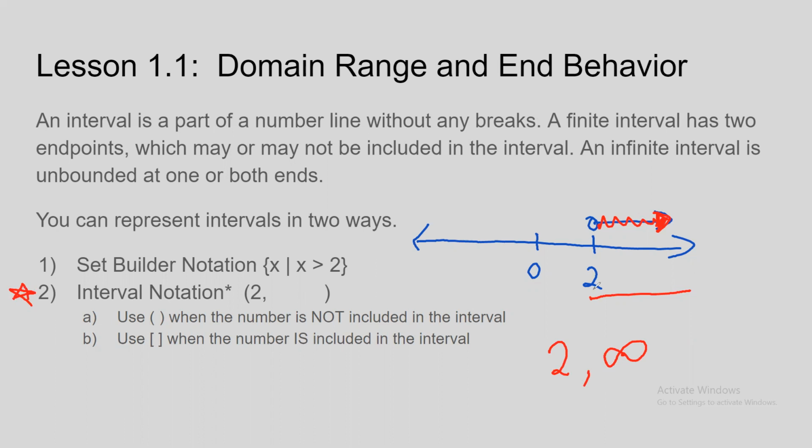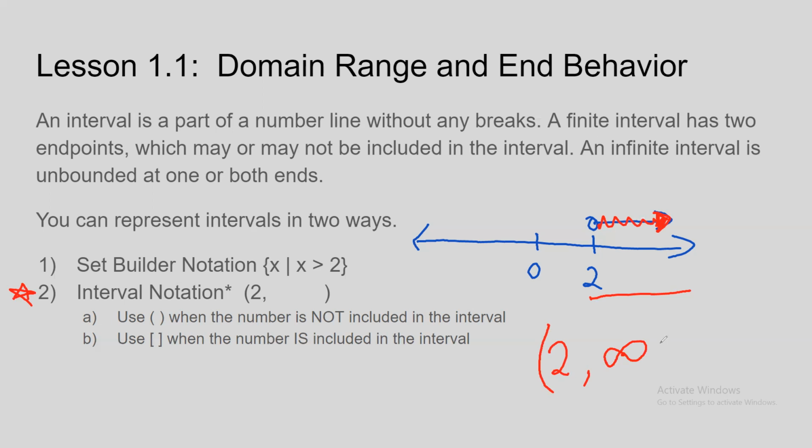Since the value of 2 is not included, whenever a value is not included in our set, we are going to have parentheses. If it's included, we're going to have brackets.